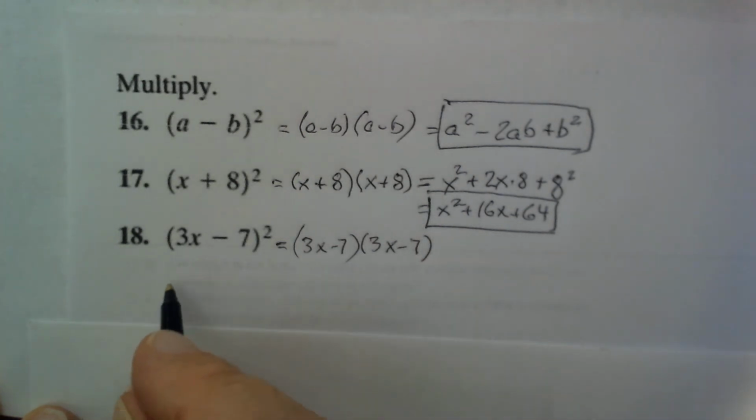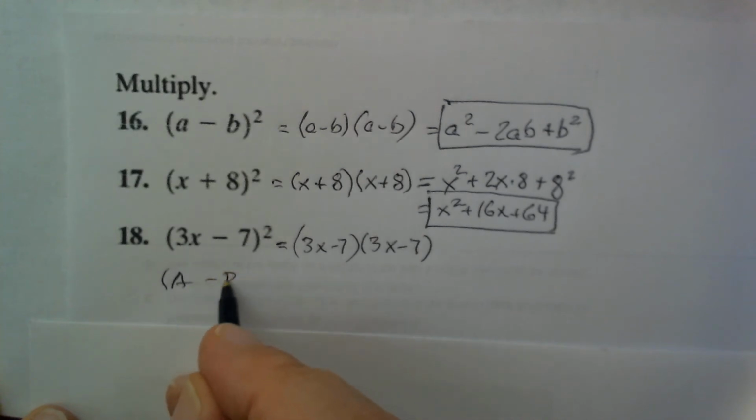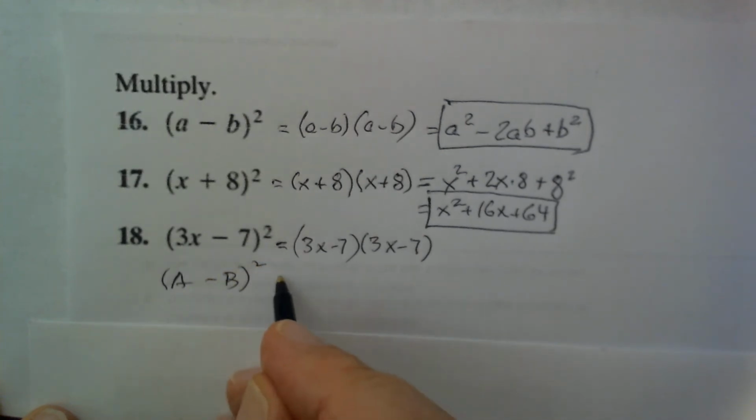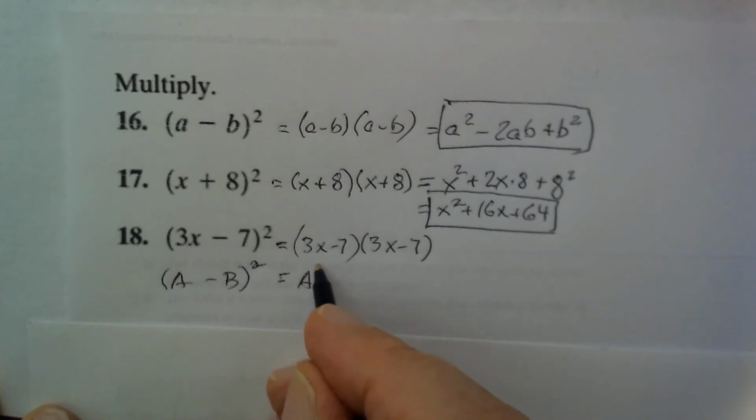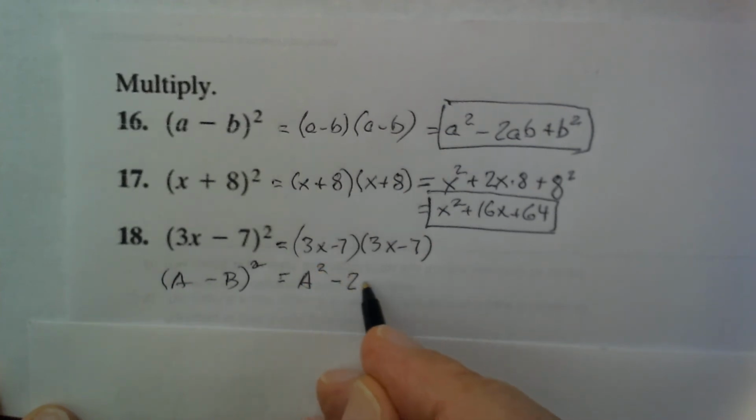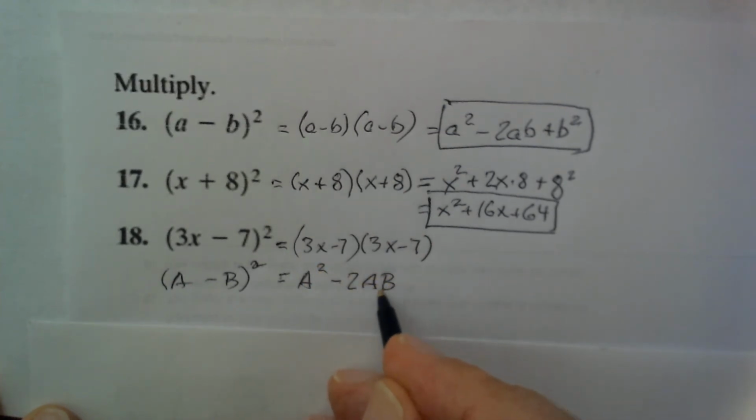So when you compare that with the formula a minus b squared, we know the answer to that, or the multiplication result, is a squared minus 2 times a times b plus b squared.